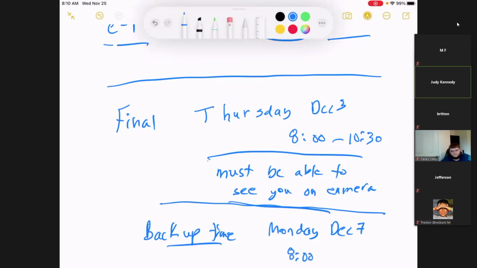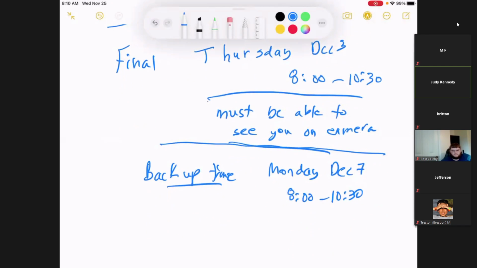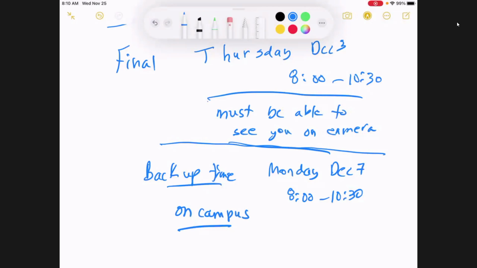And this will be on campus, where I usually use room 114 in Lucas if it's empty. If it's not empty, I'll find another room.